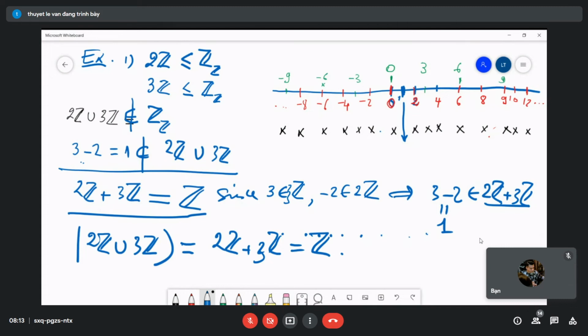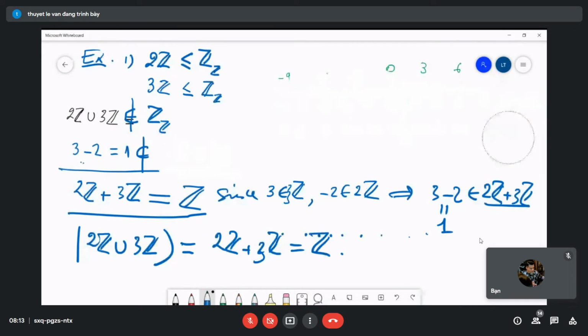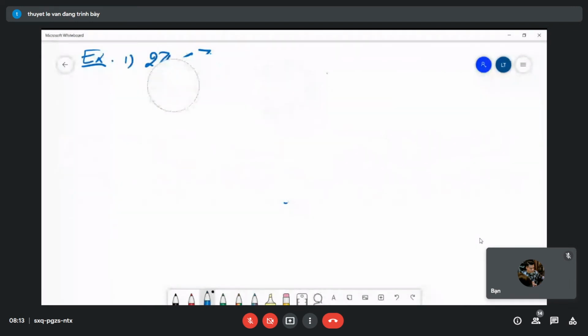However, if you take the sum, it will be a submodule, and the submodule generated by the union is equal to the sum. That is the union and the sum.